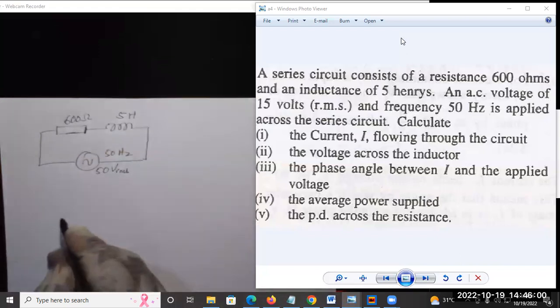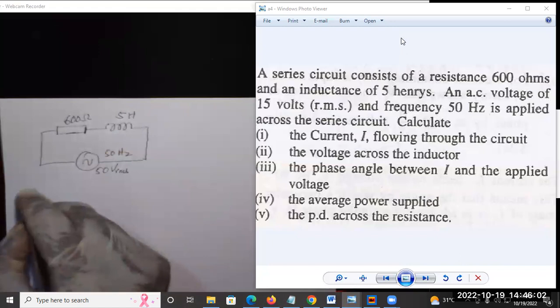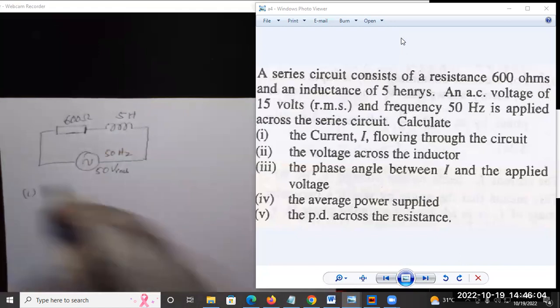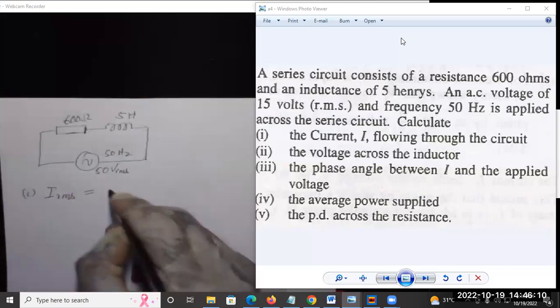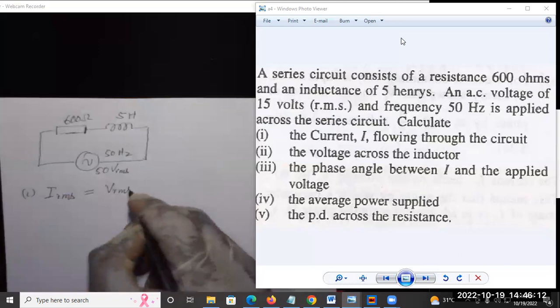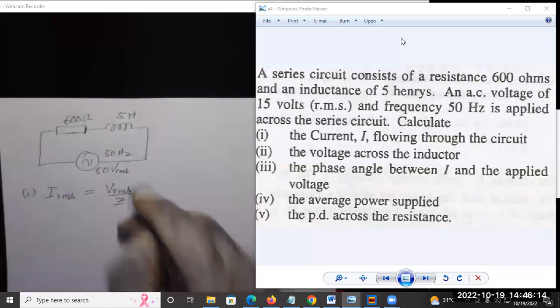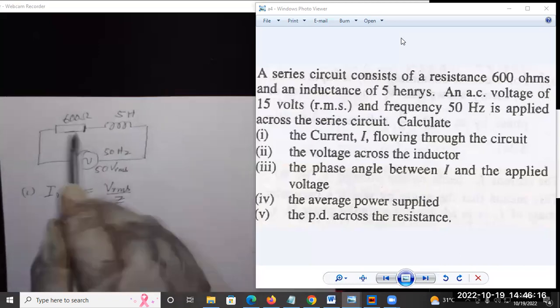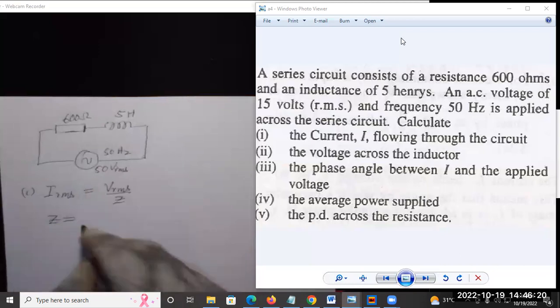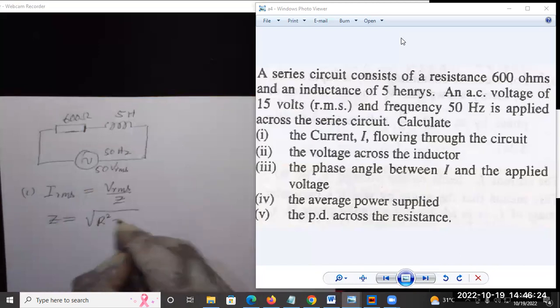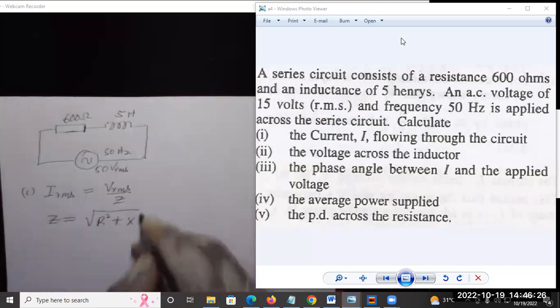The first question asks the current flowing through the circuit. The root mean square current is equal to the root mean square voltage all over the impedance of the circuit, because there's a resistor and inductor. The impedance is the square root of resistance square plus inductive reactance square.